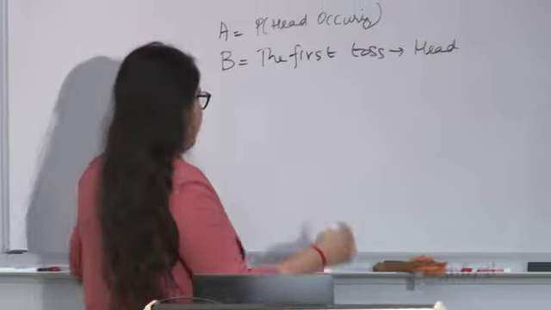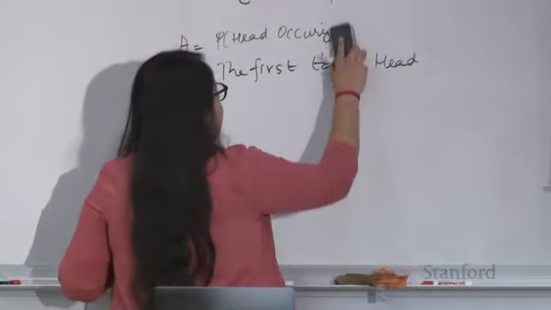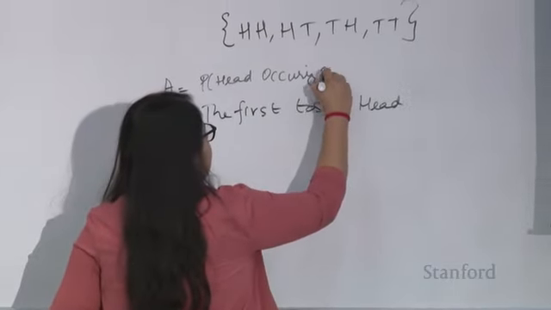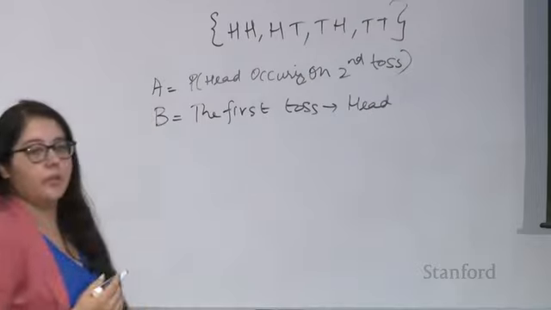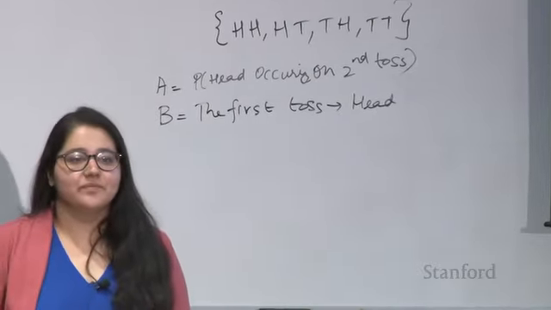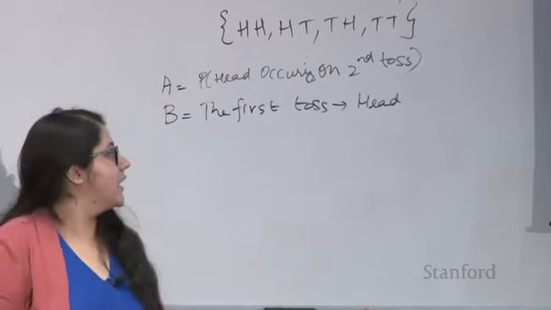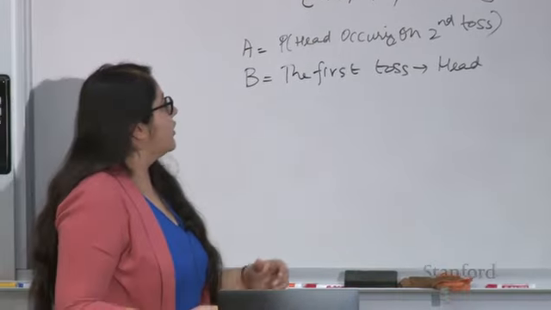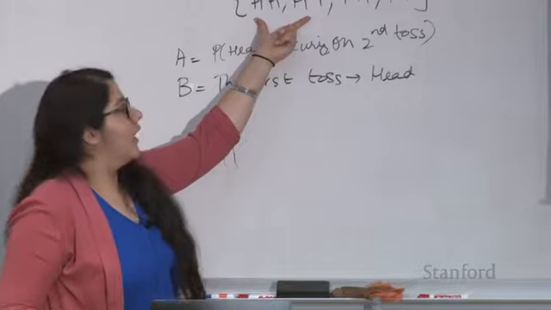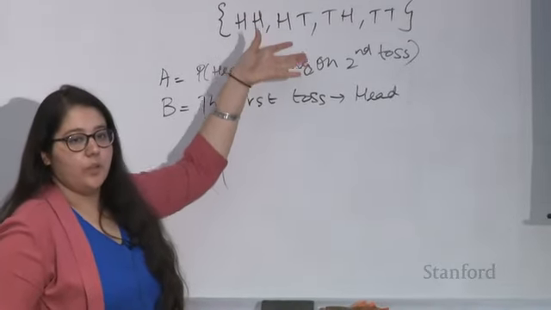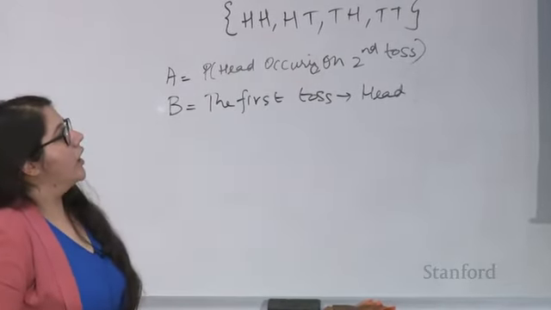Yeah, sorry, let me define this on the second toss. Okay, what will the probability be? Yeah, exactly, it's half. So we basically have to consider these two options, and the probability of the second being a head is 1 by 2 of these two.